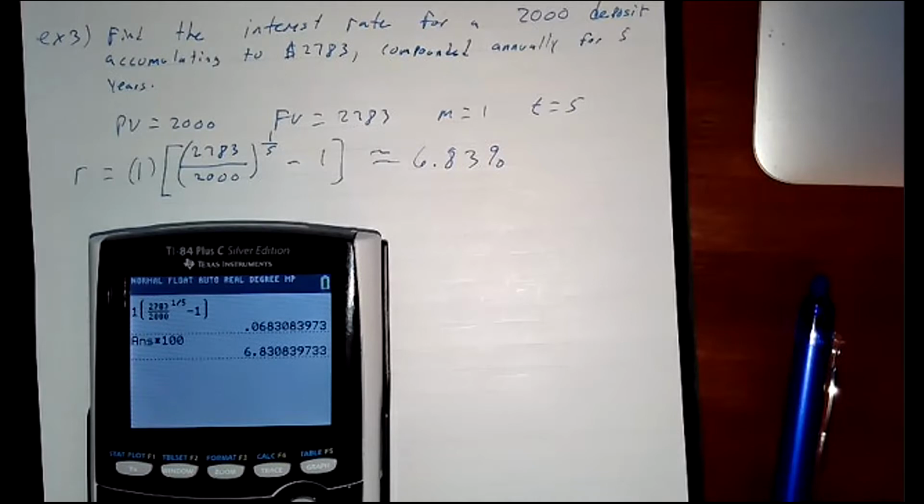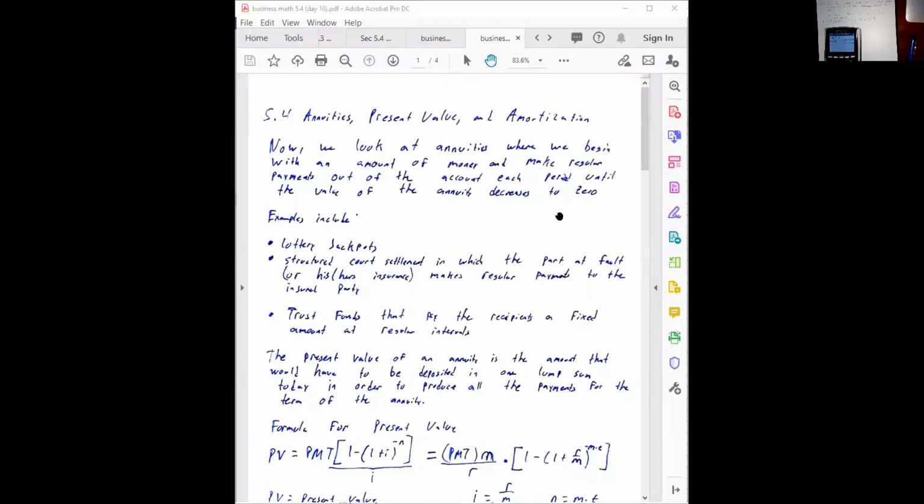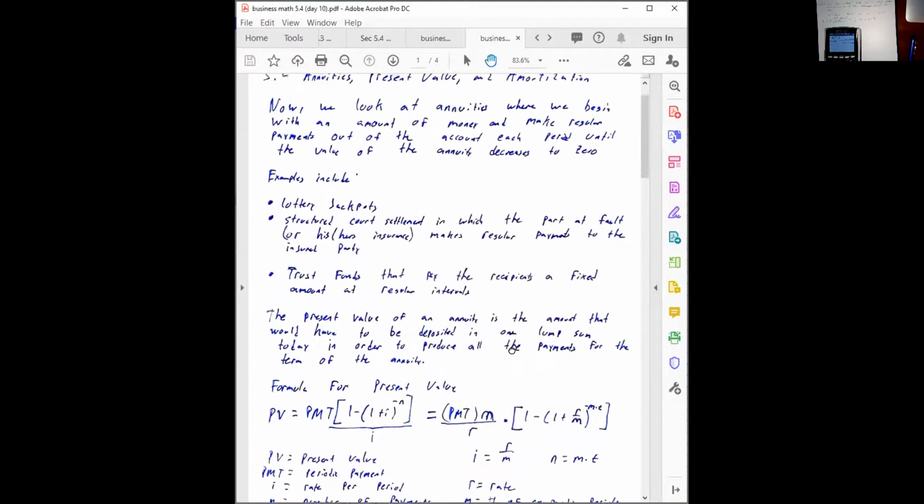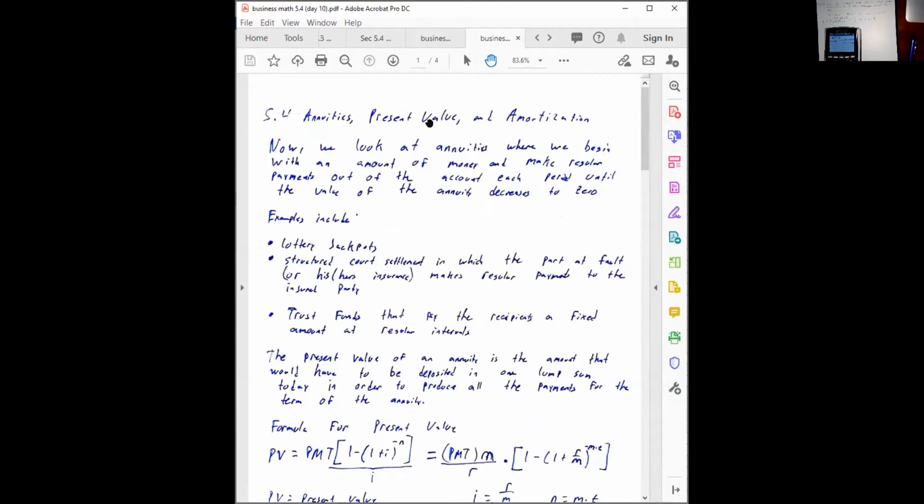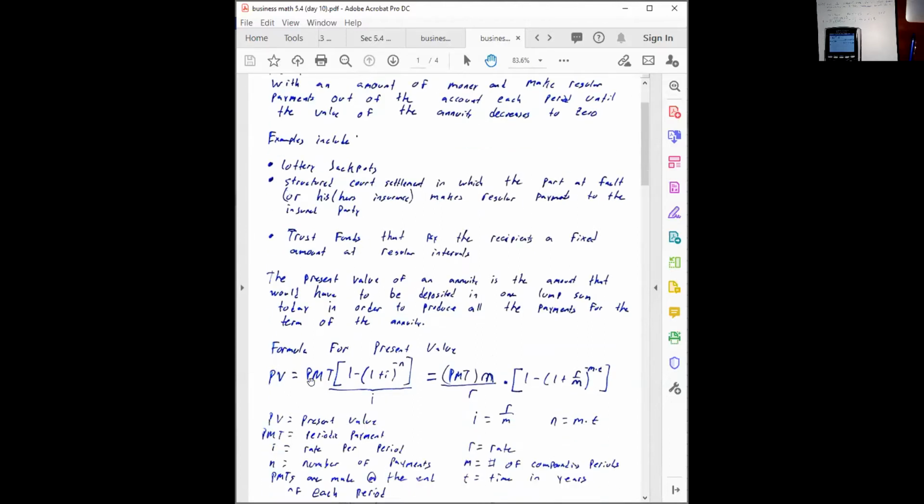Let's look at 5.4 then. You guys don't have much questions there. 5.4 was still the same deal, except we tacked on mortgages. The only difference was we added a new formula, which was present value.